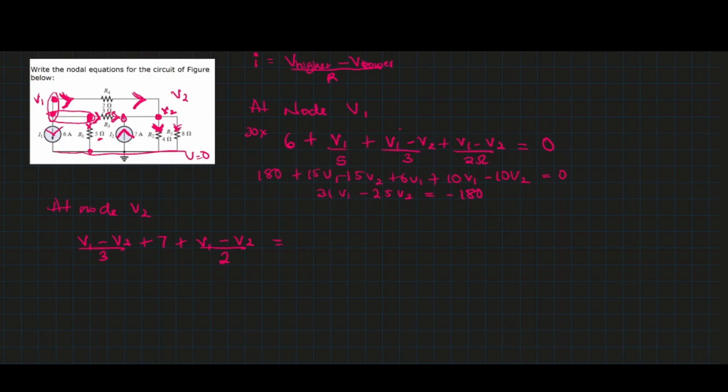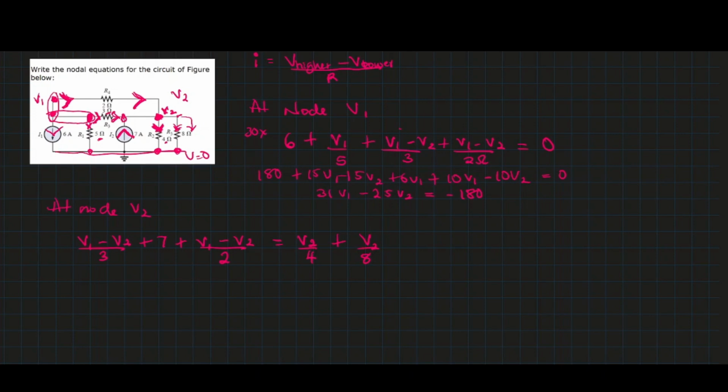V2. So for this one, it's going to be V higher, which is V2, minus the lower voltage across this resistor. What's this point? 0. So V2 minus 0 over 4, plus this one. This node is also V2, and then the drop across the 8 ohms is V2 minus 0, the lower voltage is 0, all over 8.